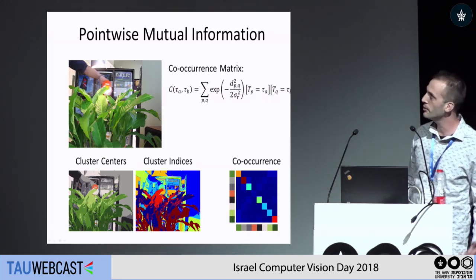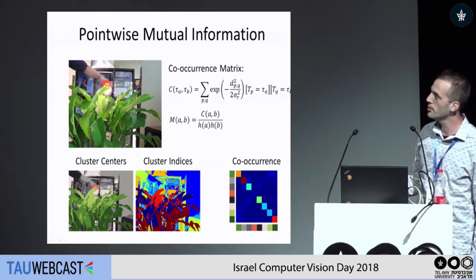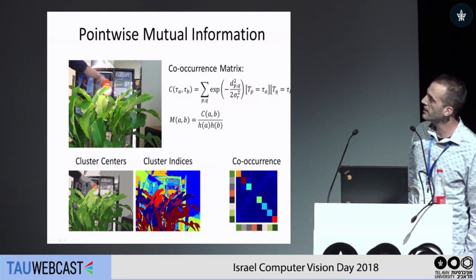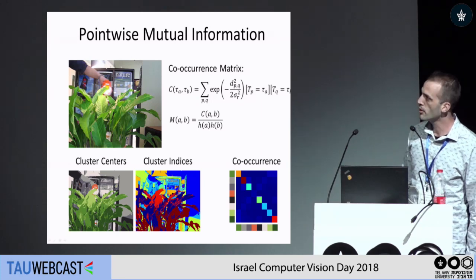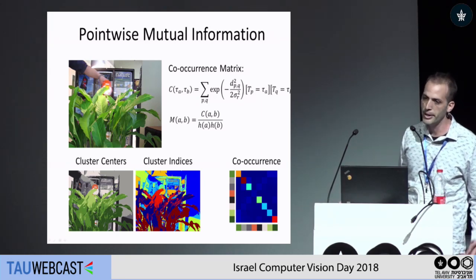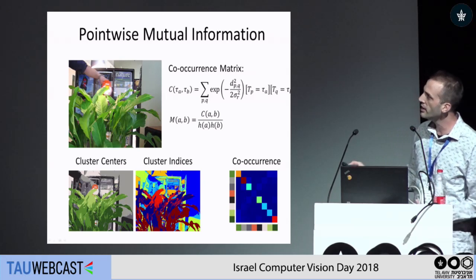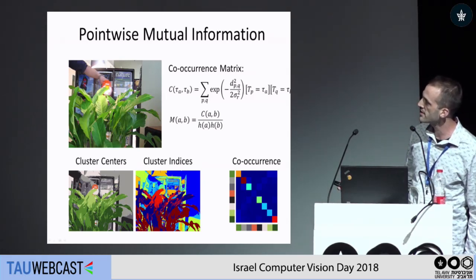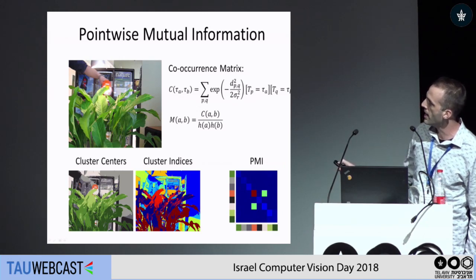What we want to do instead is to use the pointwise mutual information, where we normalize those counts by the prior probabilities. So the fact that green or gray appears a lot in the image will not influence as much. So take a look at the co-occurrence matrix, and that's the PMI matrix.